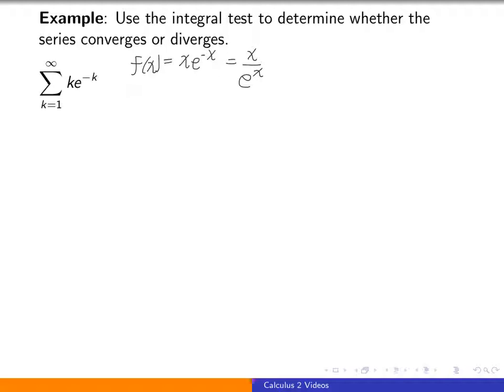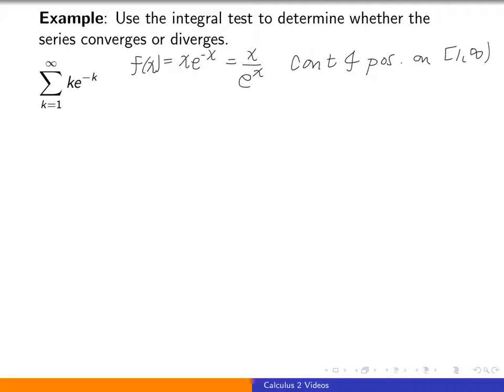And what we need to do is note that the hypotheses are satisfied. That is, this function is continuous, positive, and decreasing on an interval from 1 to infinity. The fact that it's continuous and positive, we get immediately. So this function is certainly continuous and positive on the interval from 1 to infinity.